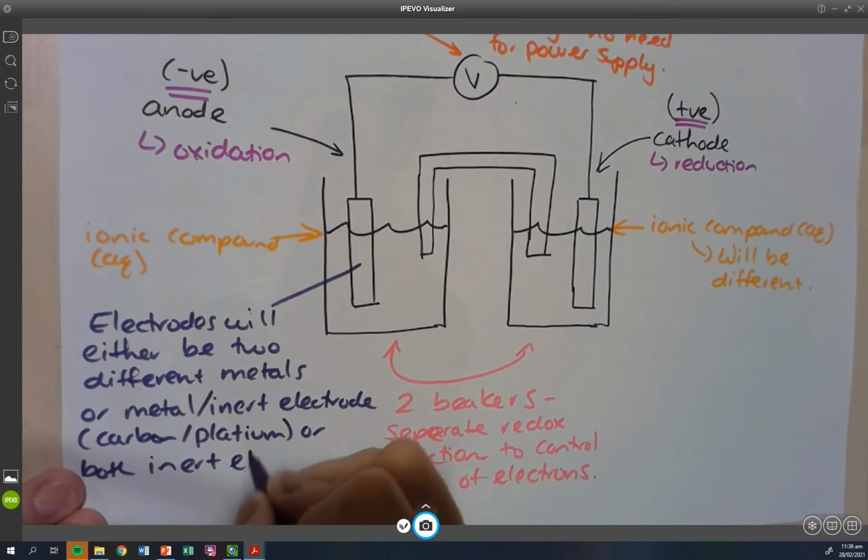The other thing to keep in mind is that whenever we're using inert electrodes, these inert electrodes are being used when the oxidation pair and the reduction pair are both aqueous, or the metal created is very reactive.